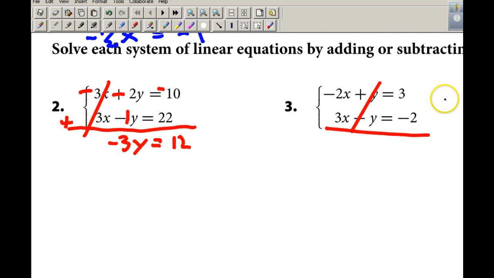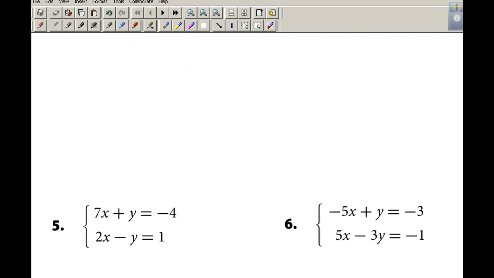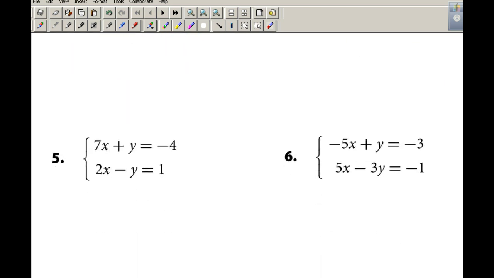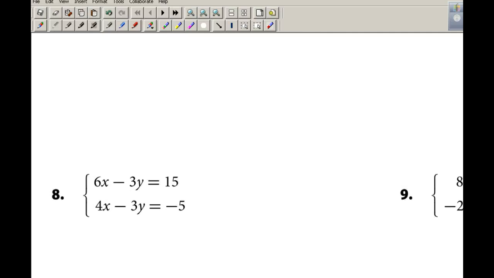Okay. Look on the next page. Is there anything there that we're going to worry about?